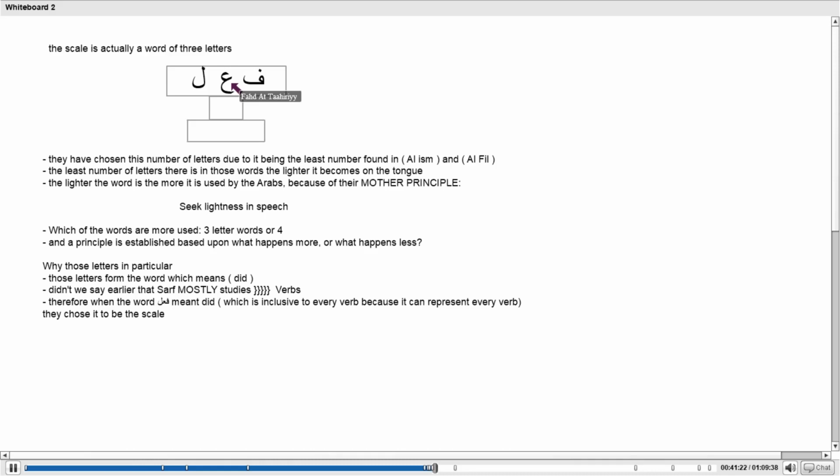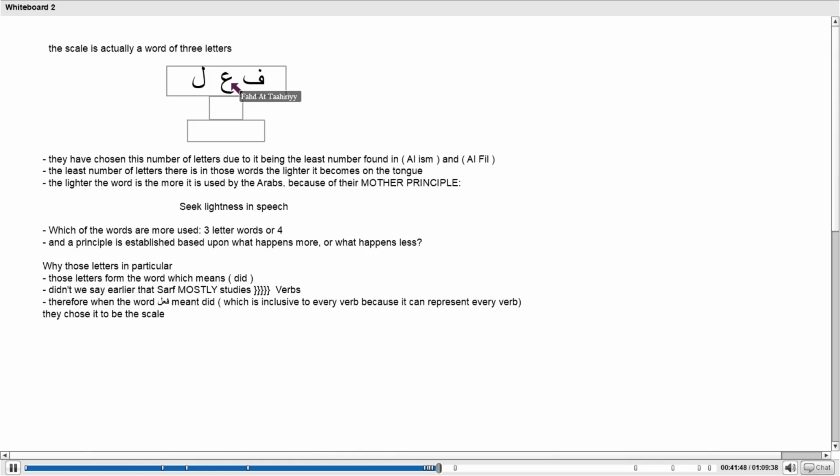Then they said, which verb should we put there in the scale? It does involve nouns, but not as much. It involves mainly and directly the verbs. Yes, more verbs than nouns.